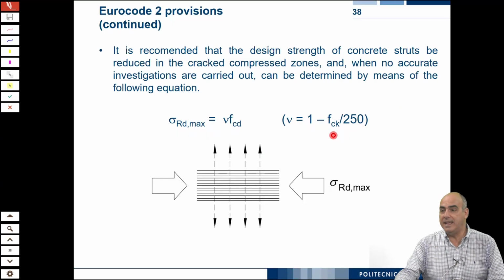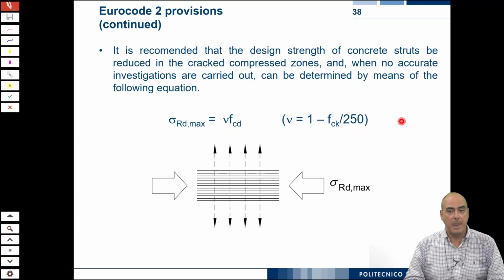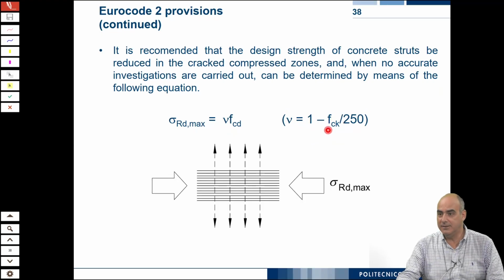It means that if I have a C25 concrete, this ν factor is 0.9. And if I have a C50 concrete, 50 divided by 250 is 0.2, so this factor becomes 0.8. And if I have 100 megapascal concrete, this factor becomes 0.6.